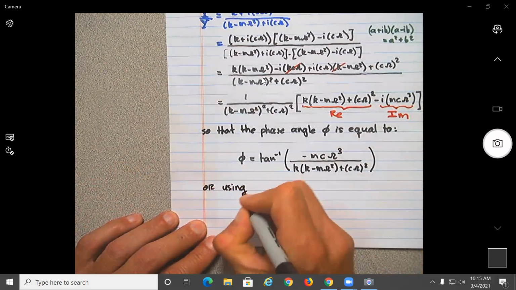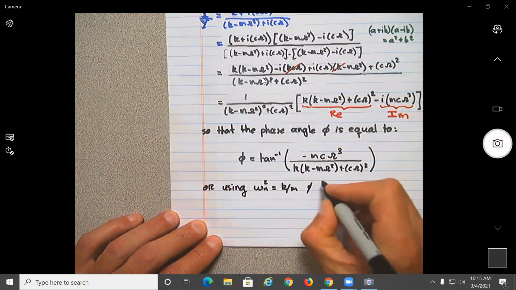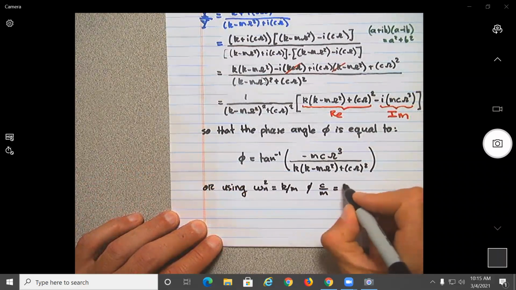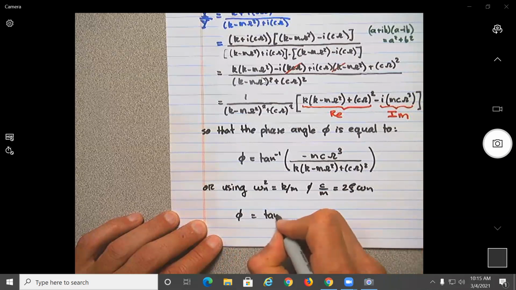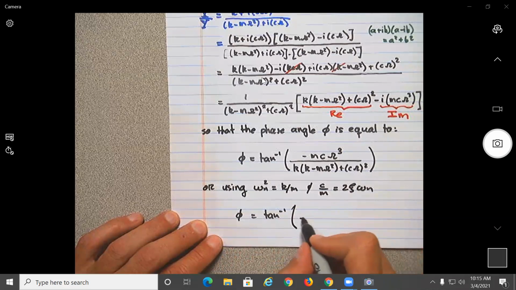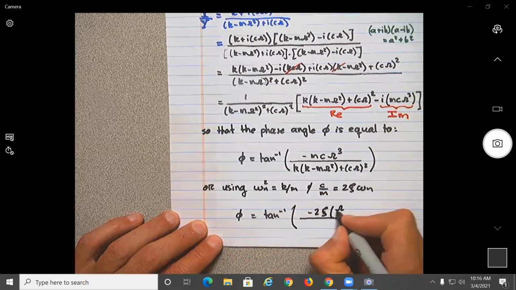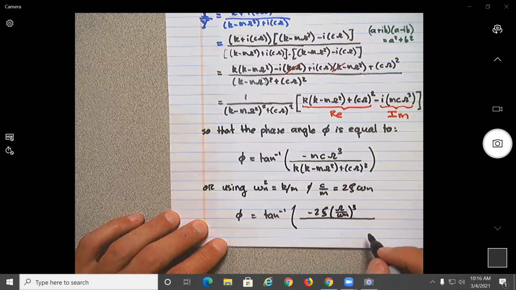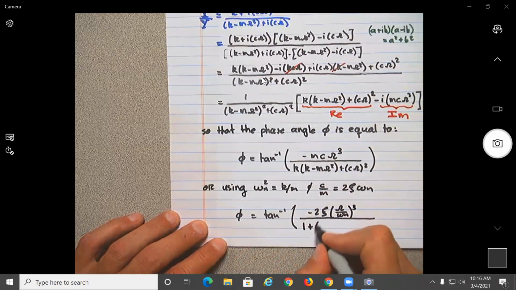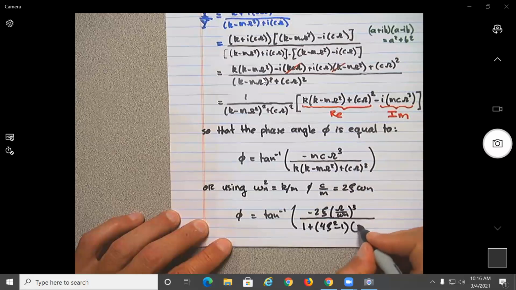Or using omega n squared equal k over m and c over m equal to 2 zeta omega n, you could rewrite this as tangent minus 1 of minus 2 zeta, ratio of forcing frequency to natural frequency cubed, over 1 plus 4 zeta squared minus 1 times the ratio of the frequencies squared.